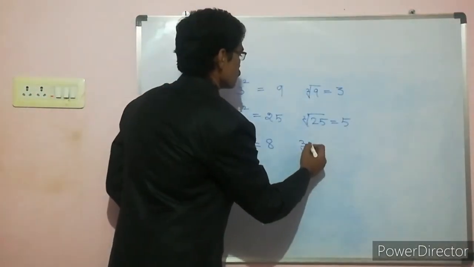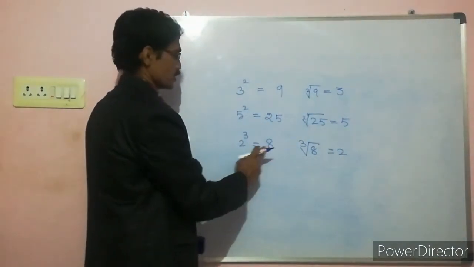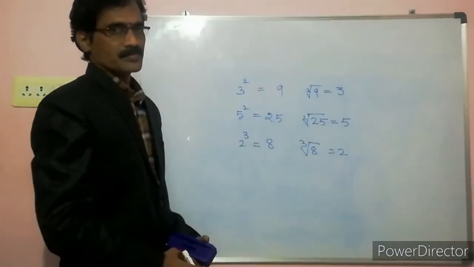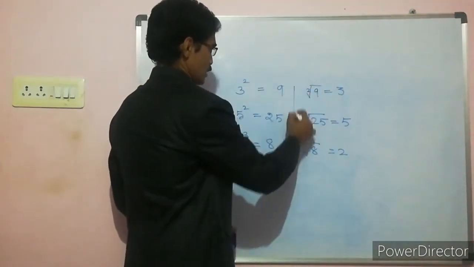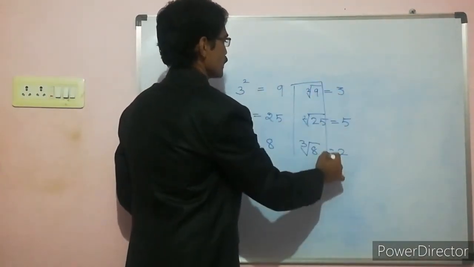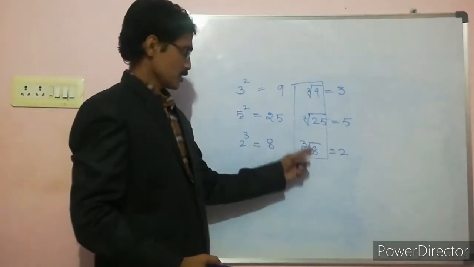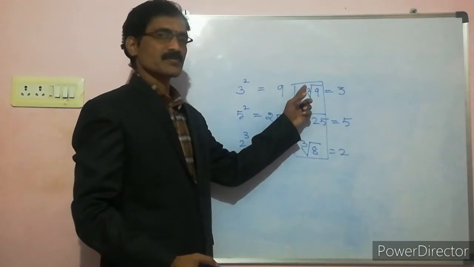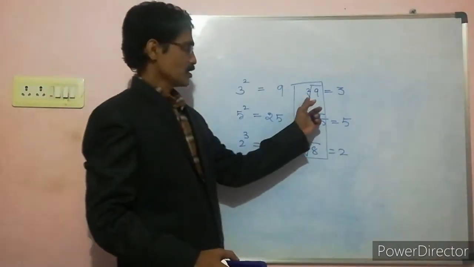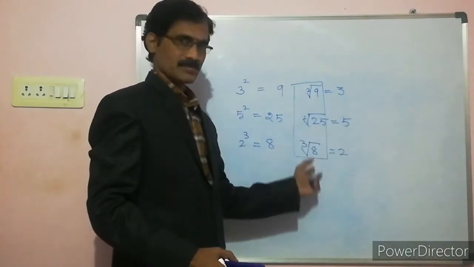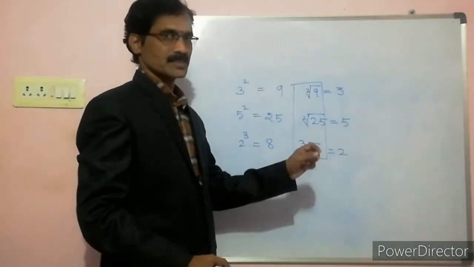That means cube root of 8 equals 2. So, all these are rational numbers. Cube root of 8, square root of 25, square root of 9, all these numbers are rational numbers because these answers are rationals.